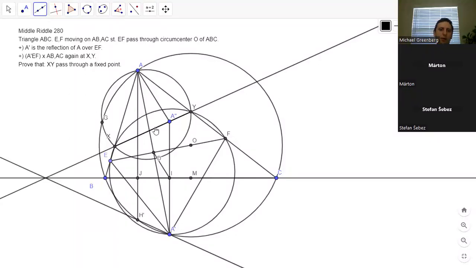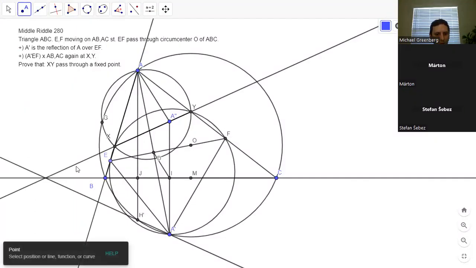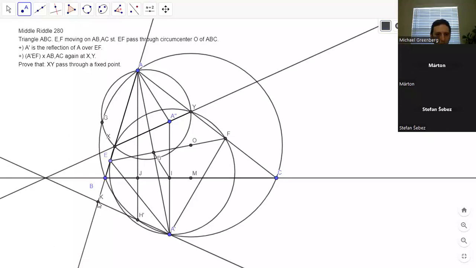Since you can kind of get the angle AXY. Okay, so basically calculate angle AK A prime. Maybe.